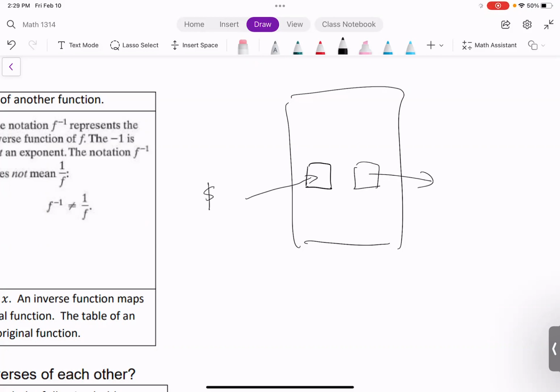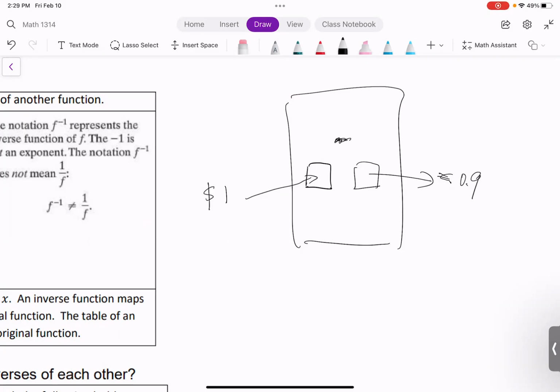So here is US dollar, here is euro. For example, if I put $1 in this machine, then it will process and the output will give me 0.9 euro.